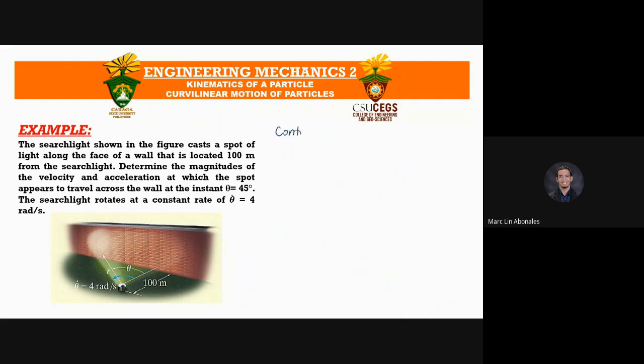So, just a continuation. So, the VR nato is equal to R dot. So, that is 565.69 meters per second. That is the radial component of your velocity.